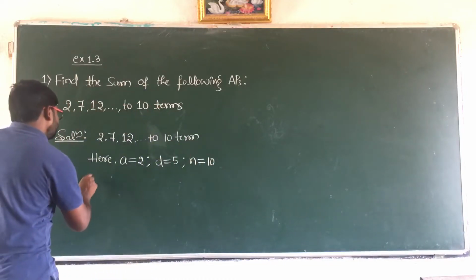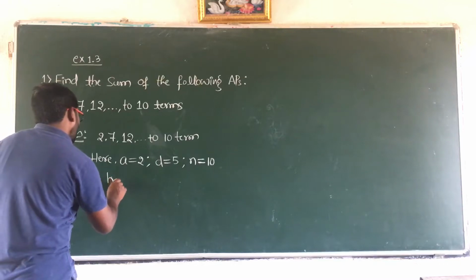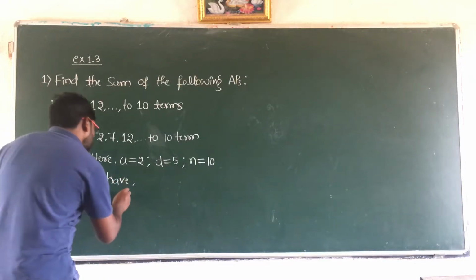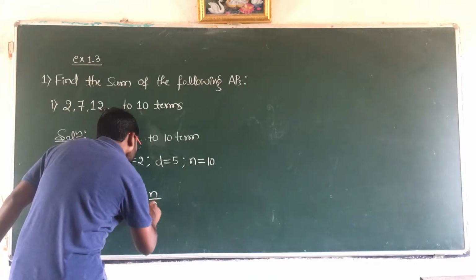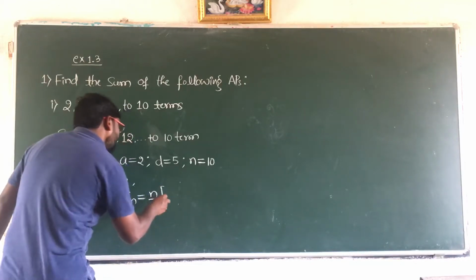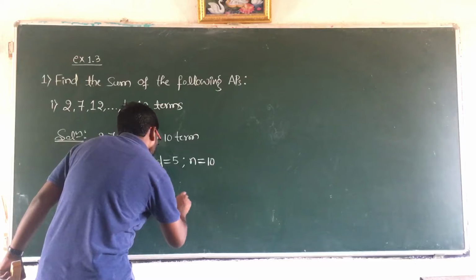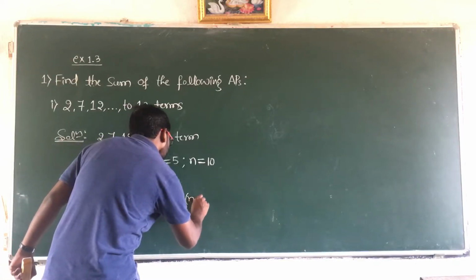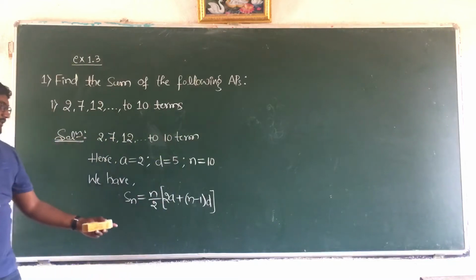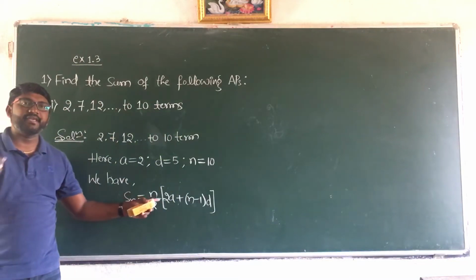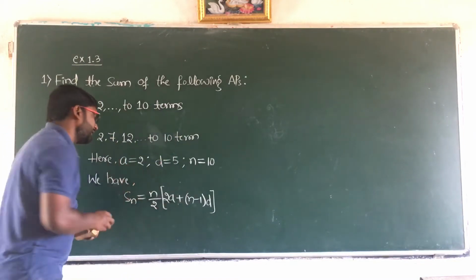Now we have S_n equal to n by 2 into 2a plus (n minus 1) into d. So this is the standard formula. Now substitute the values of n, a and d in this formula.